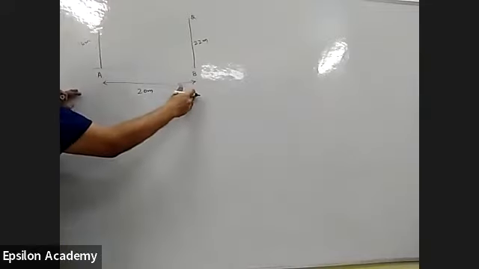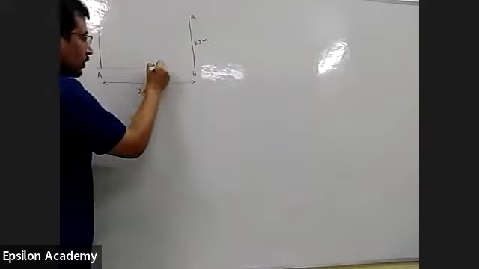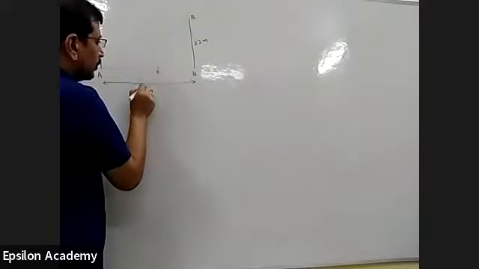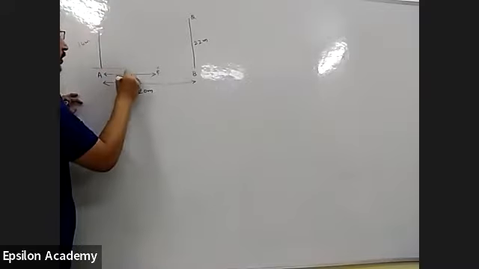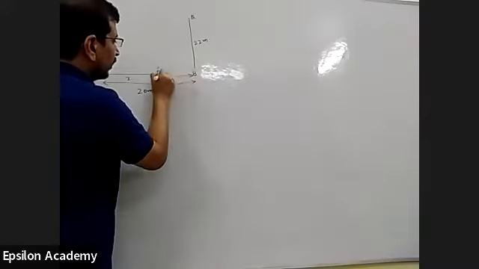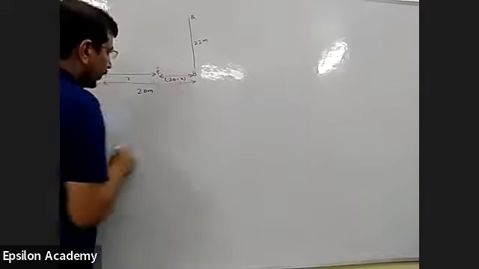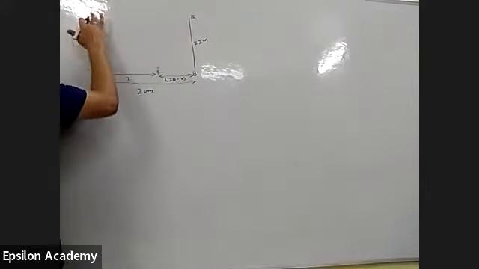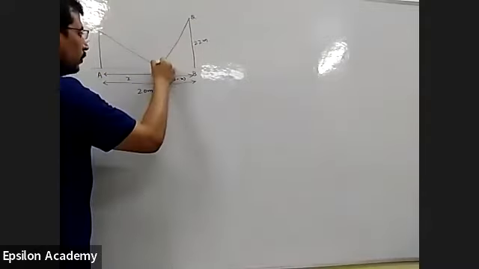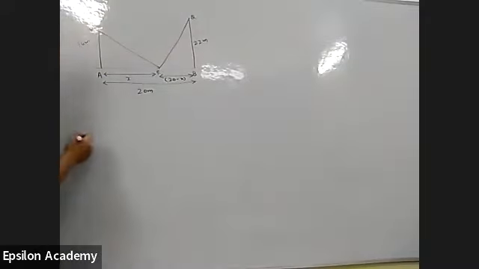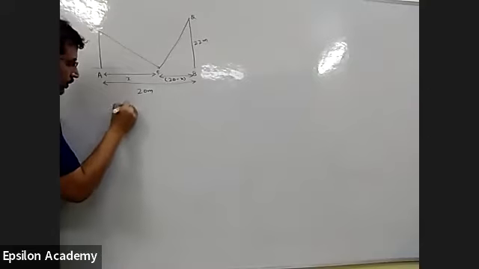Then find the distance of a point R on AB from the point A such that RP square plus RQ square is least. Okay, this distance, if I take it as x, I think this is an easy problem. So 20 minus x. So if this is P, if I join this, what should be the least? RP square plus RQ square.